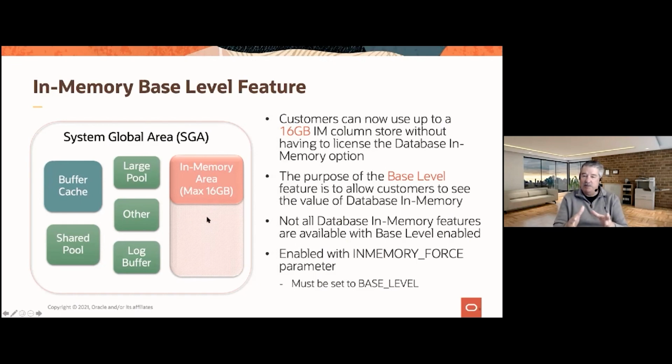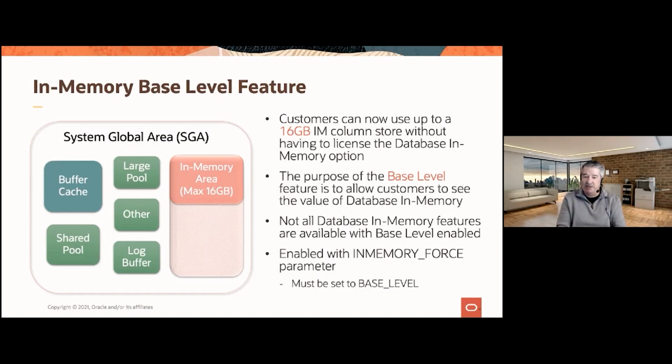And then each of the PDBs can allocate up to the total amount of the CDB's column store. So say you had 2 PDBs, you could say INMEMORY_SIZE equals, in our case of 16 gigs, 8 gigs for each of the PDBs, and each PDB could own 8 gigabytes of the total 16 gigabyte column store.